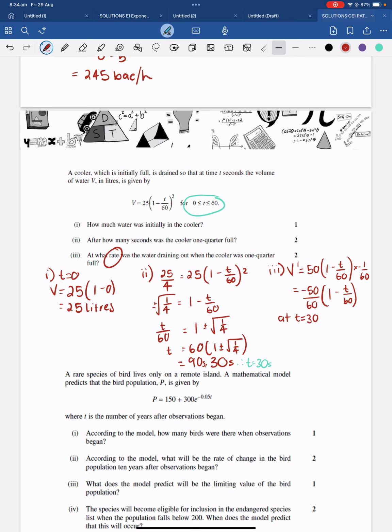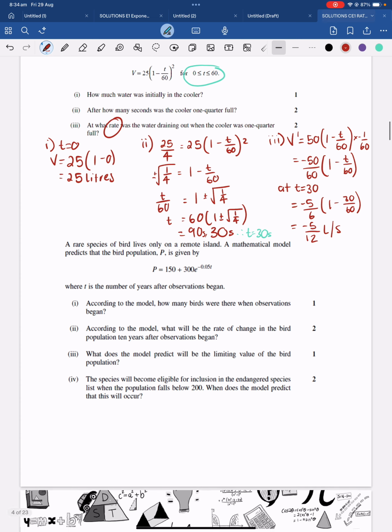Was time in seconds? Yes, it was. So I'm subbing in 30. Which would give me 1 minus a half. Gives me a half, so -5 on 12. Which makes sense because it was draining out, and that is what, litres per second.